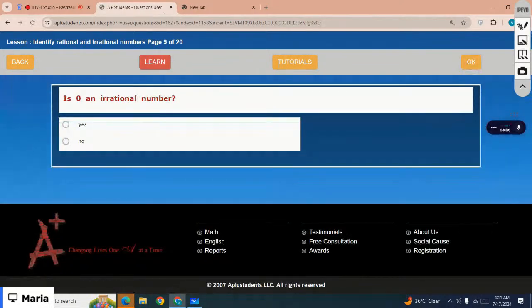Is 0 an irrational number? No, zero is a rational number.